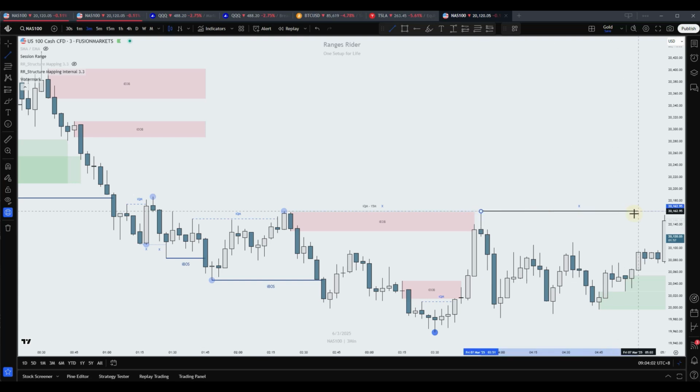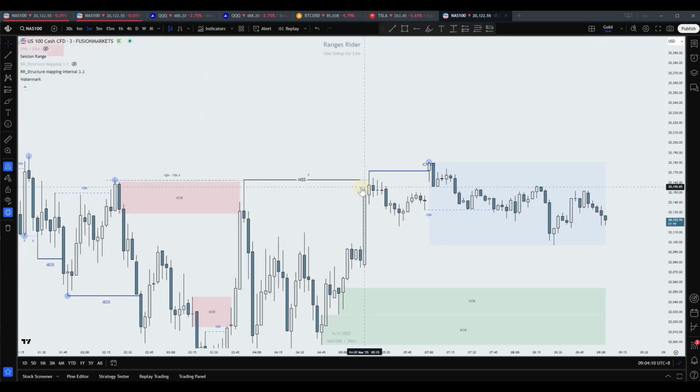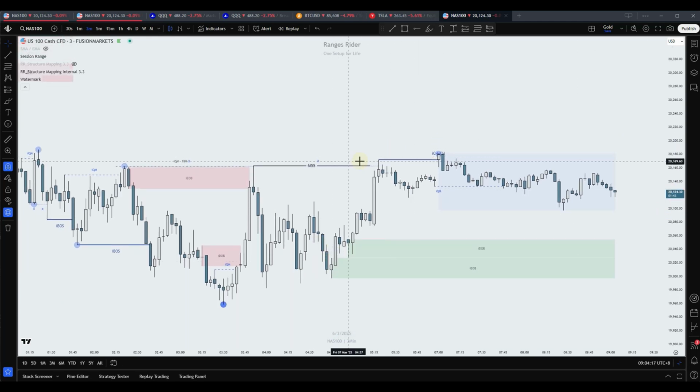If the price comes here, then we will say, okay, this is the market structure shift. And then the price just reached here, and it turned into our market structure shift, okay? And of course this level is also a major level, so rather than just the market structure shift, we also got a change of character.